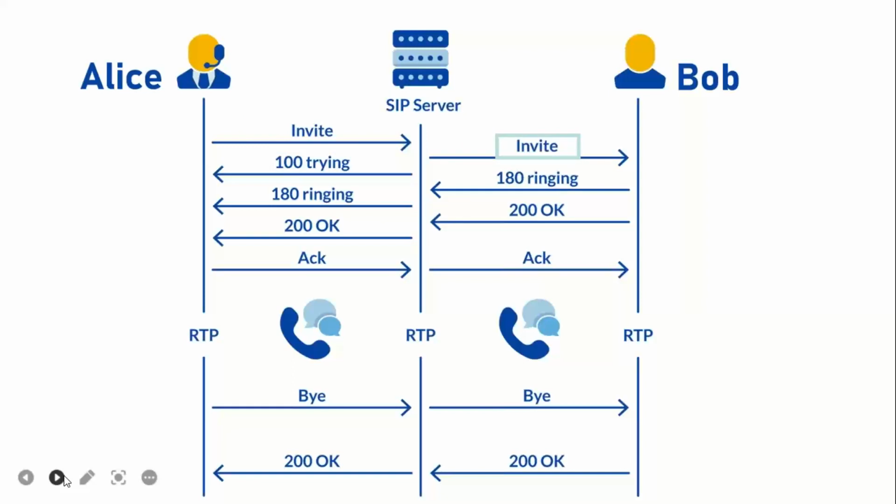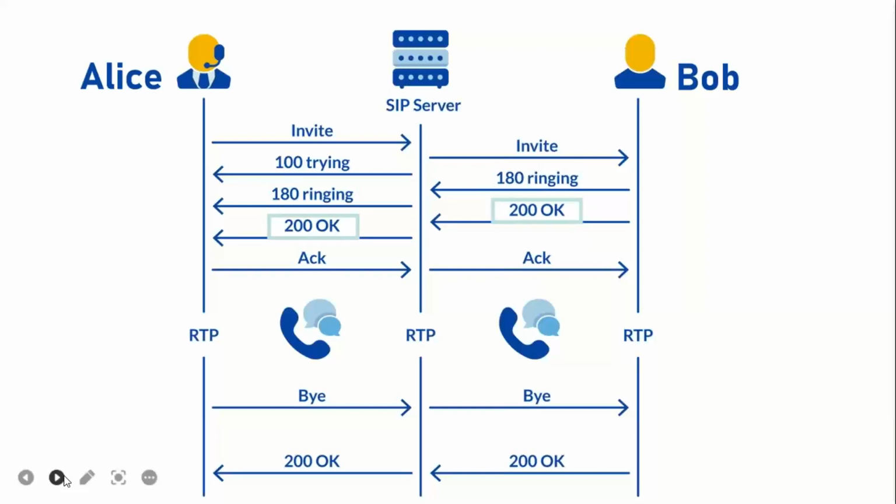After that, the SIP server forwards the INVITE to Bob. Then Bob's phone starts to ring at this moment, and sends 180 Ringing to the SIP server, and the SIP server does the forwarding job and forwards this information to Alice. And the next step, 200 OK.